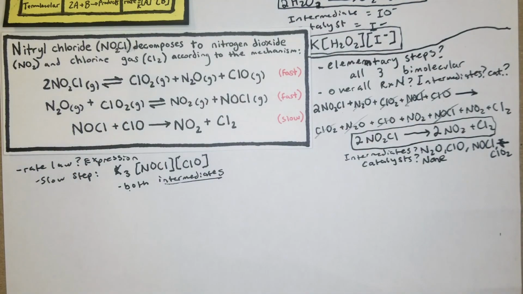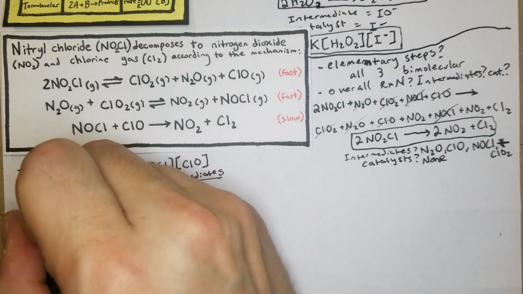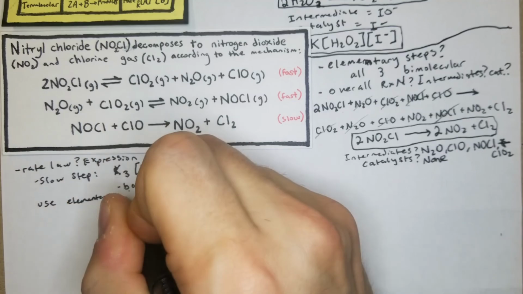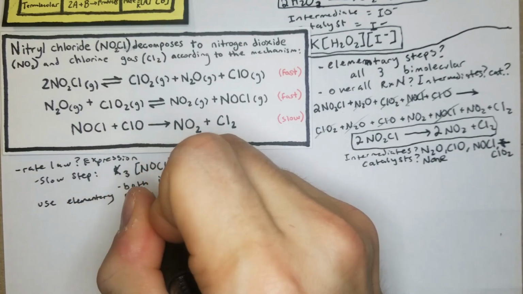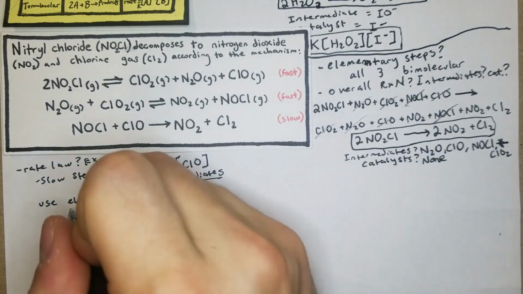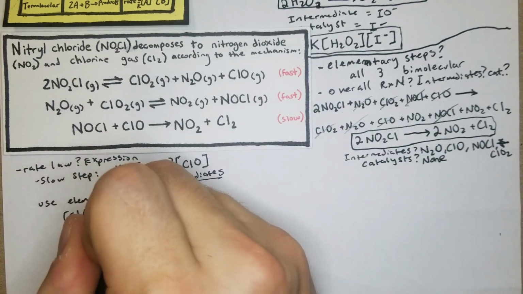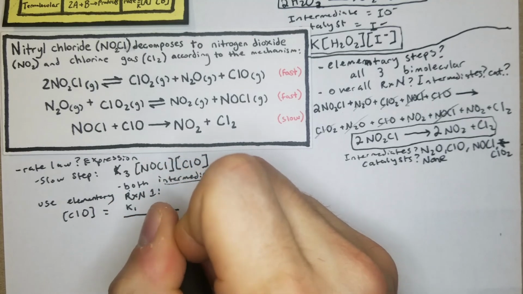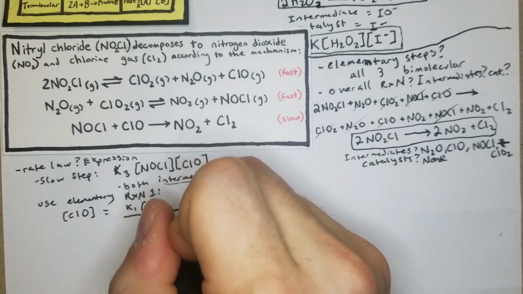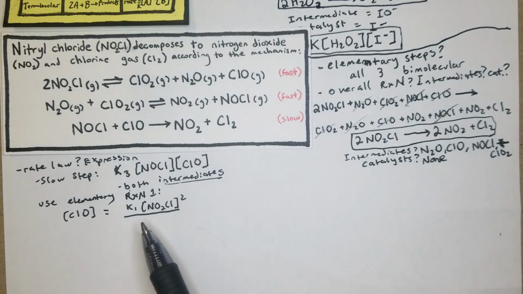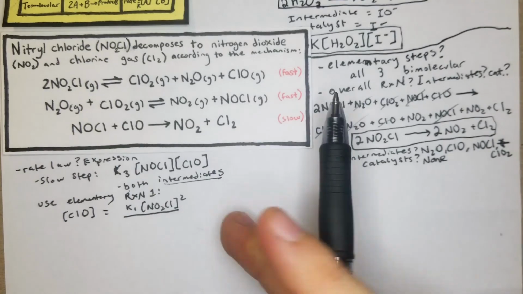So what we're going to use is an elementary reaction for reaction 1. We'll start with the ClO. ClO is going to equal K1 NO2Cl. So we're doing the opposite of simplifying really.